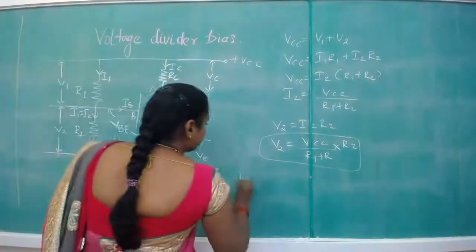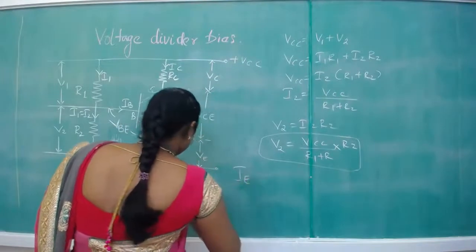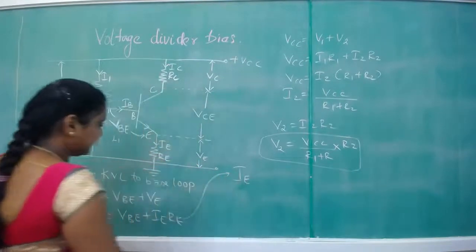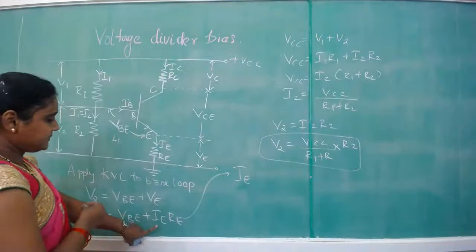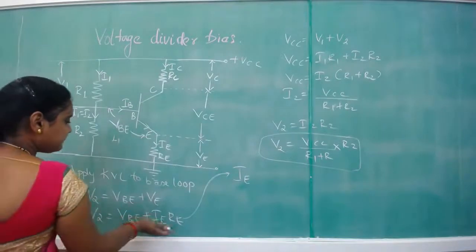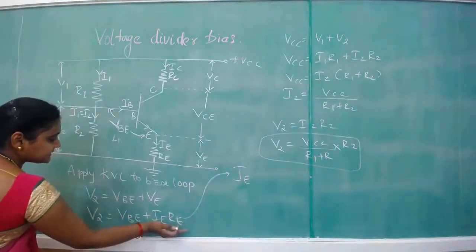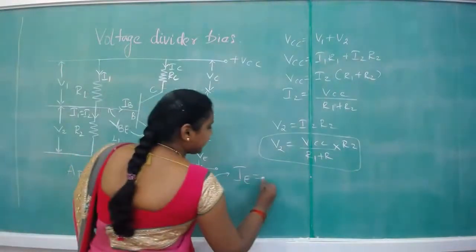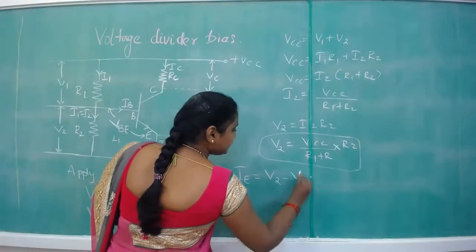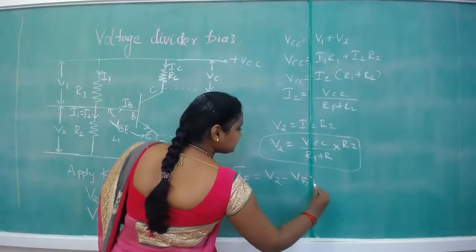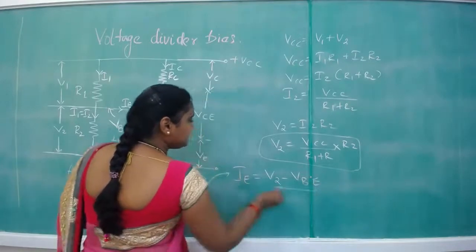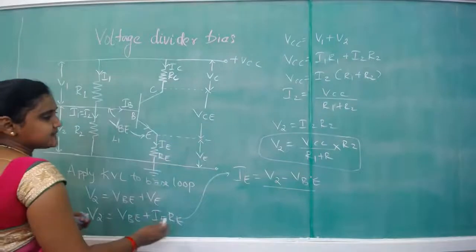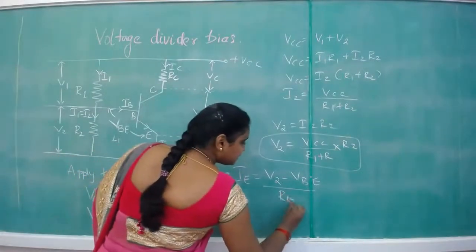I will write the expression for IE now. I am rearranging this particular expression for IE. So what happens if we are keeping the IE RE at this side only? VBE will move that side, so it will be written as V2 minus VBE. The term with IE is RE, that will come in the denominator.